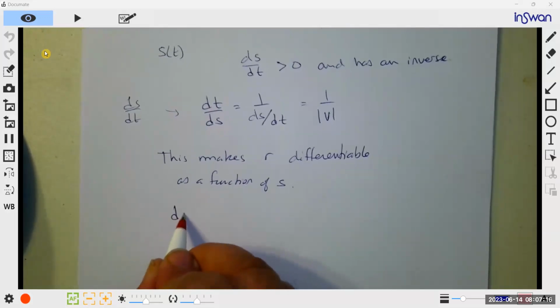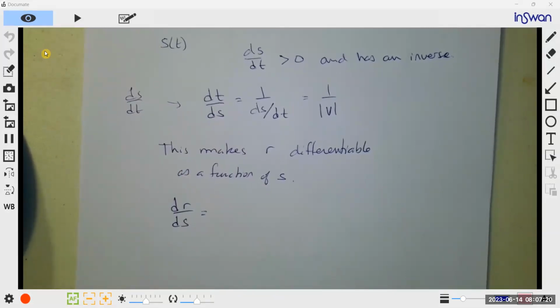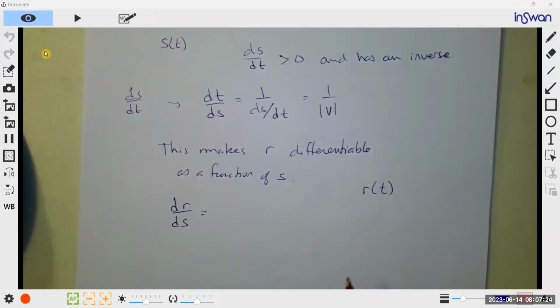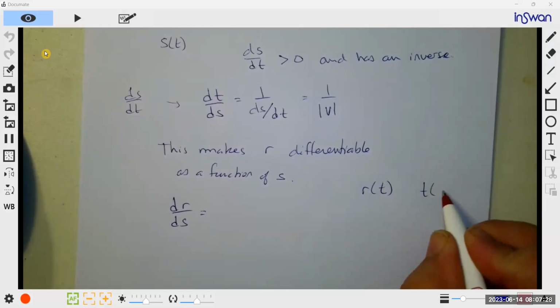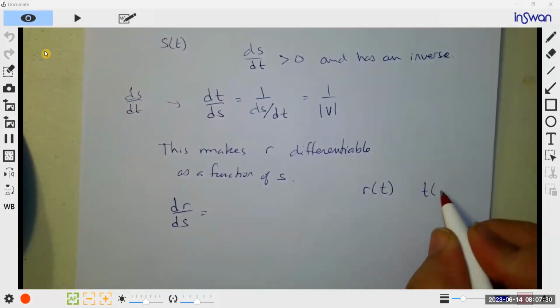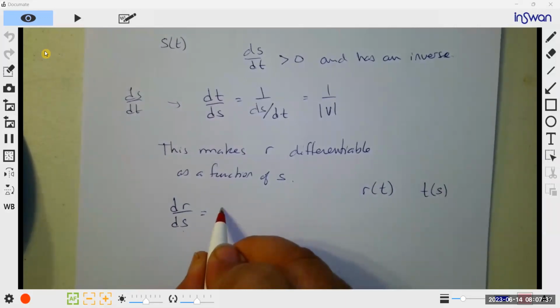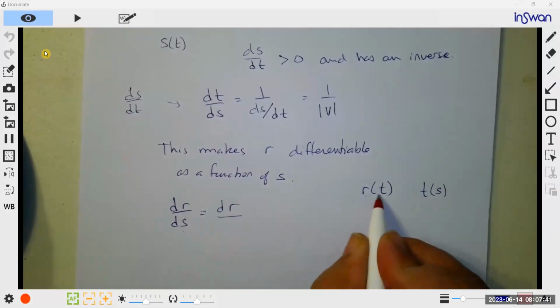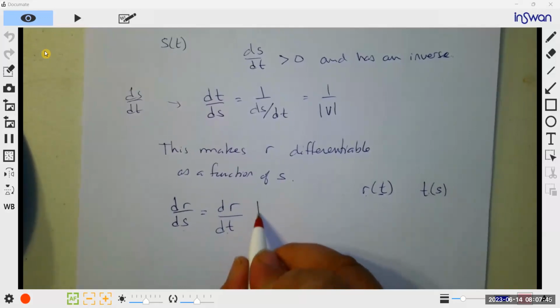So dr ds, we know we've discussed r of t. We've also discussed that t as a function of s. So dr ds, dr, and t is a function of s.